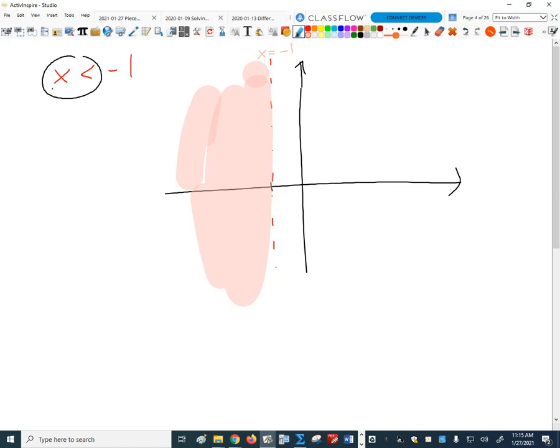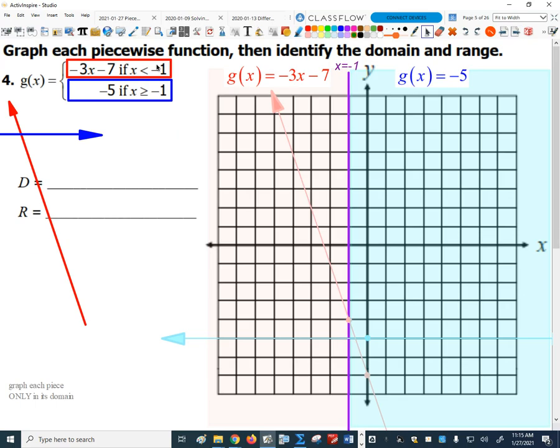Doesn't that make sense? Okay, well, that's really all we're doing here, right? The red region is the region where x is less than negative 1. So I'm just going to shade that entire region in the xy plane to the left of my boundary. I'm just going to shade it red for now, right? Because that's the region where I'm going to graph the red piece.